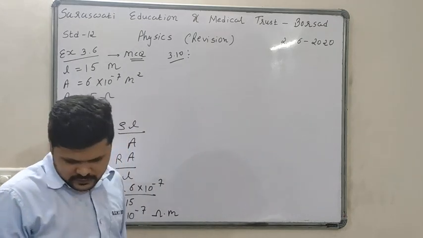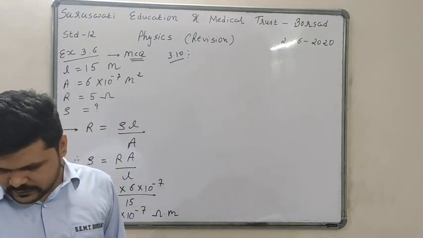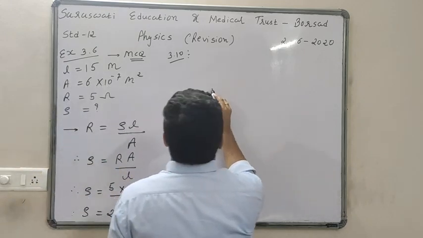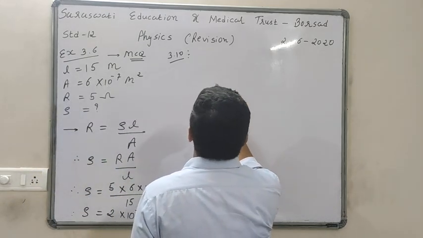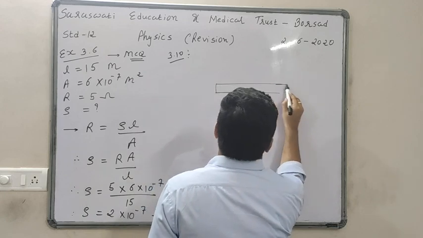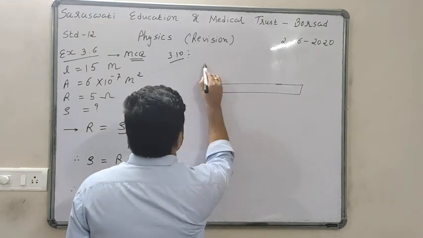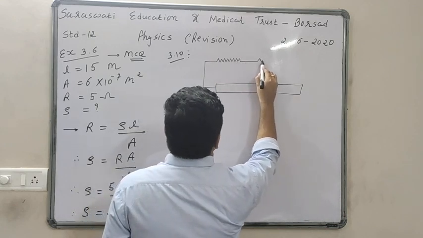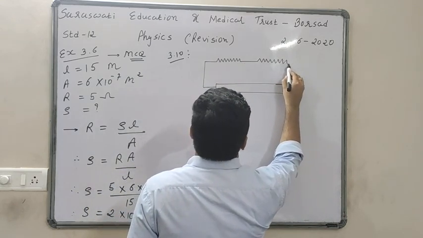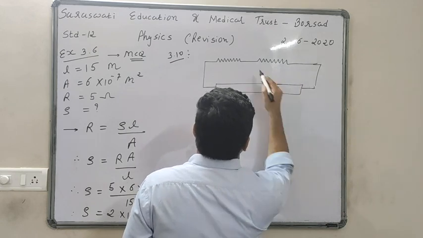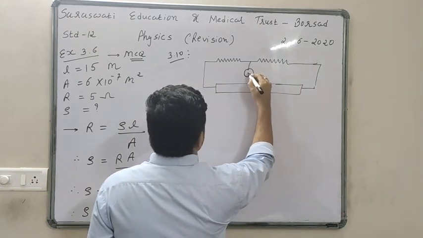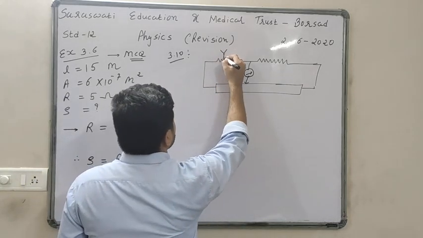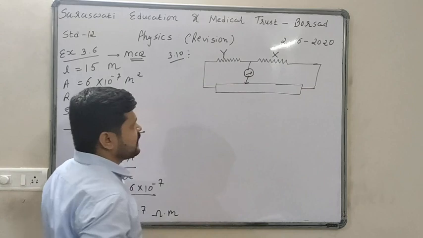In 3.10 we are given that there is one meter bridge and there are two resistances X and Y. So this is the meter bridge, with one resistance, another resistance, galvanometer, and jockey key. This is resistance Y, this is resistance X.